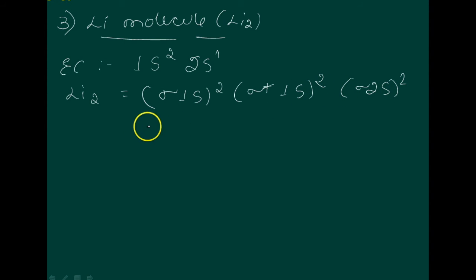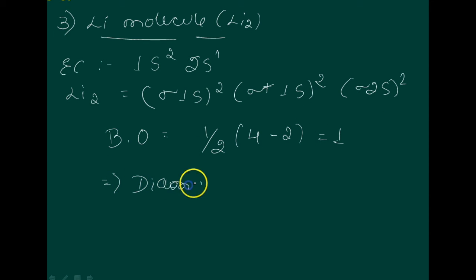The bond order is half into 4 minus 2, which is 1. It means the molecule is stable and there are no unpaired electrons, so it is diamagnetic in nature.